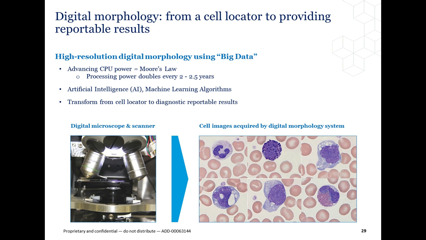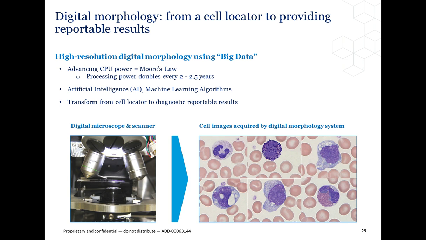But if you think about it, right now, as per Moore's law, which really isn't a law, which states basically the CPU processing power doubles about every 2 to 2.5 years. High-resolution digital morphology currently contains lots of big data, and it needs improved processing power.